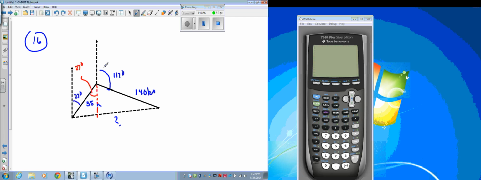Now, is there a way that we can calculate what this angle is? Okay, if we did 180 minus 117, right? And we get what? 63.